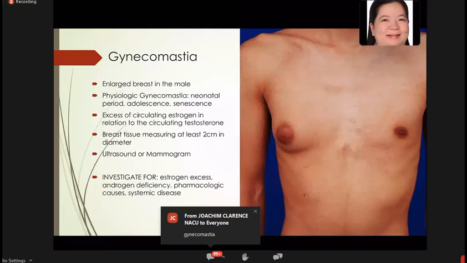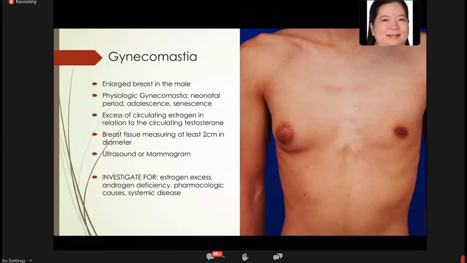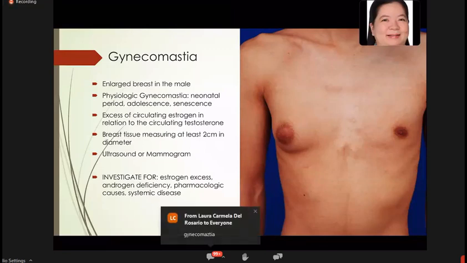This is due to the excess of circulating estrogen in relation to the circulating testosterone in the male body. By definition, any breast tissue measuring at least 2 centimeters in diameter, you can diagnose gynecomastia.